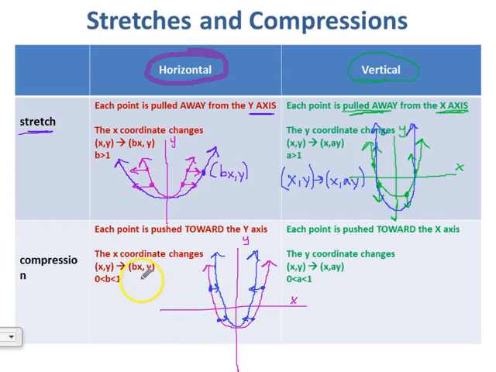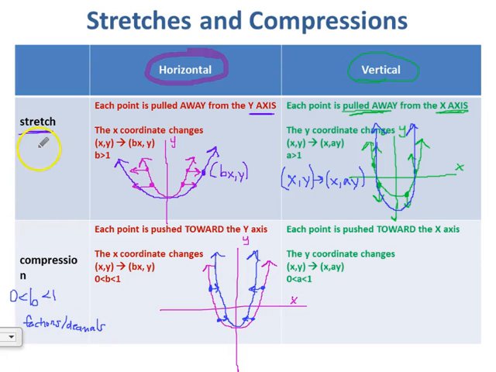And again, to get the new coordinates, in this case, for compression, the factors have to be less than 1 but greater than 0. So we're talking about all of our fractions and decimals. When we have factors that are fractions or decimals, we know we're dealing with a compression.